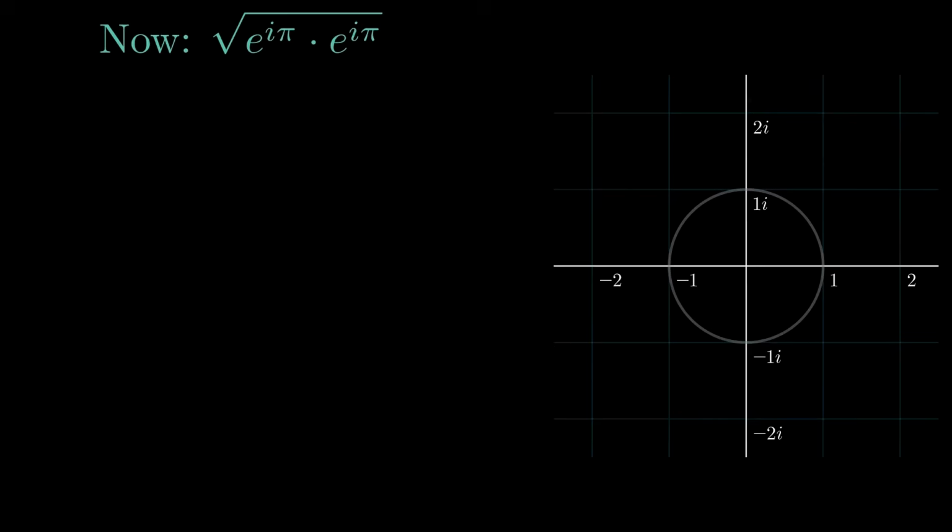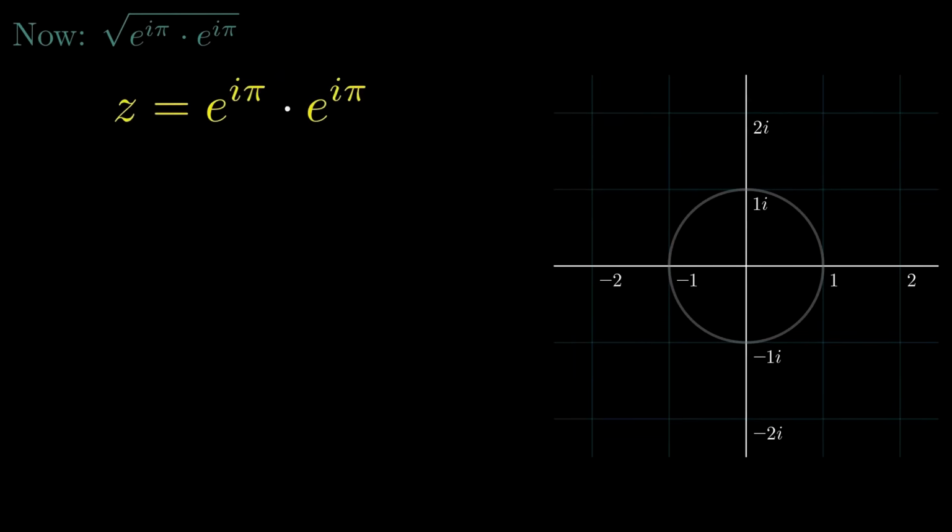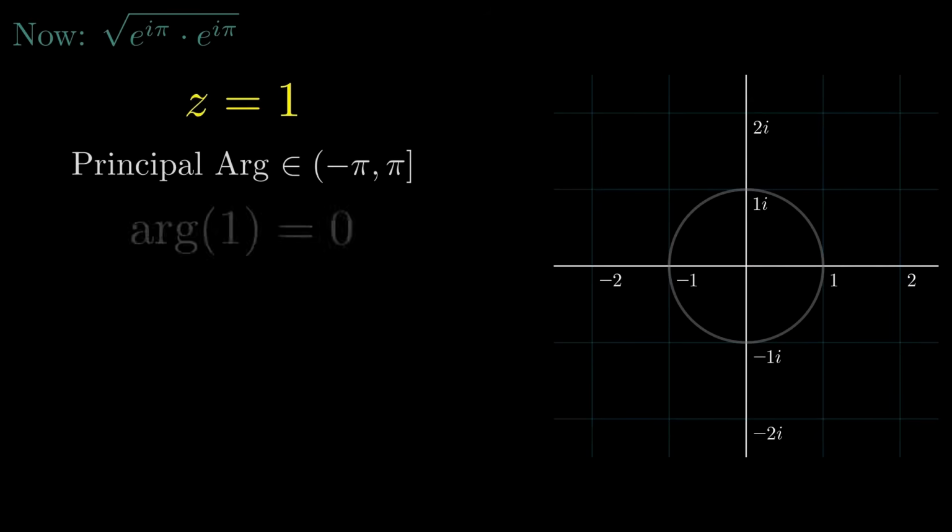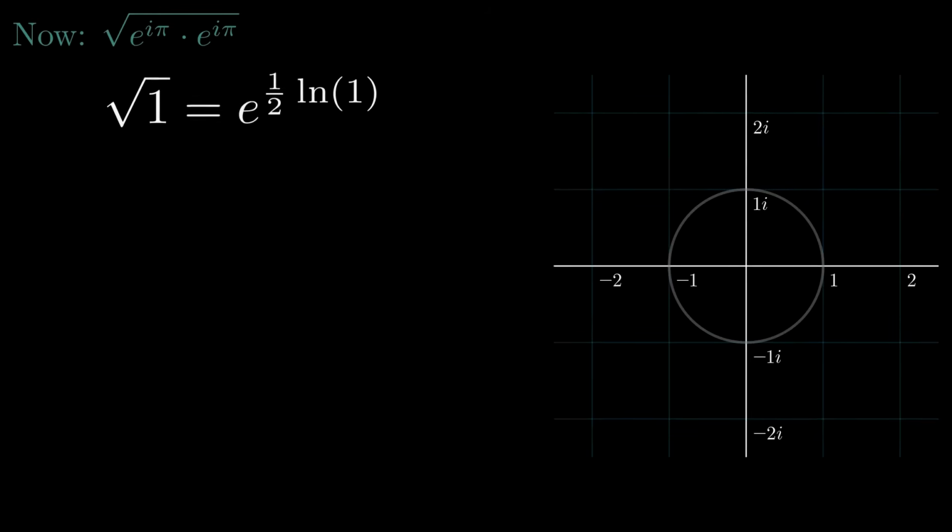So we multiply e to the i pi by e to the i pi. On the complex plane, that's a rotation by pi, and then another rotation by pi. 2 half turns bring us back to 1. So again, the input is 1. But here's the catch. In the complex plane, numbers are not just values, they're reached by rotations. The final point looks the same, but the path we took is not.